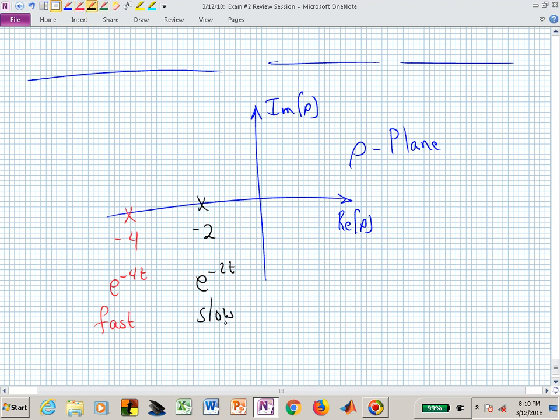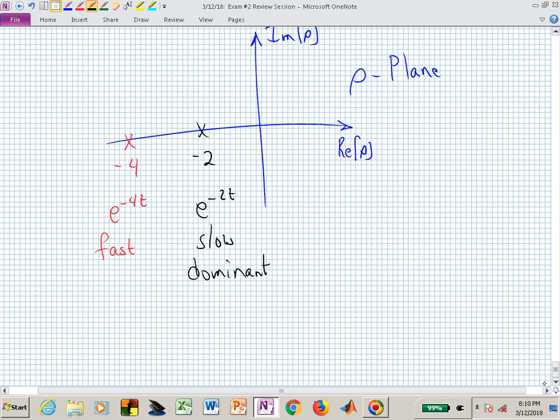Which one dominates? Which one do you see the longest? Which one is the slowest? That one dominates. So here's your dominant. And which one do you use for settling time? Which one is going to last the longest?